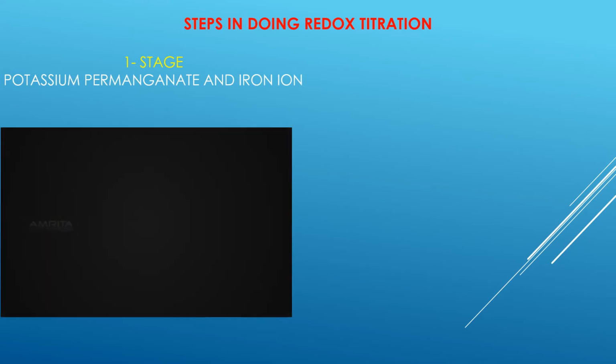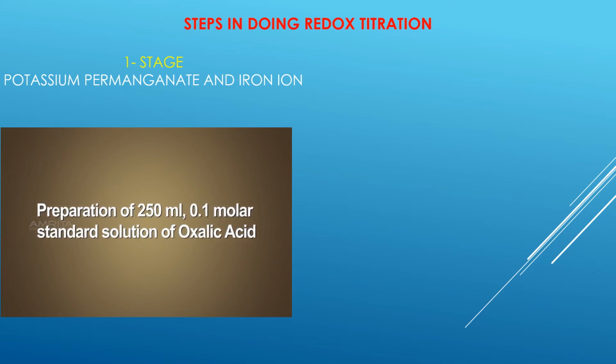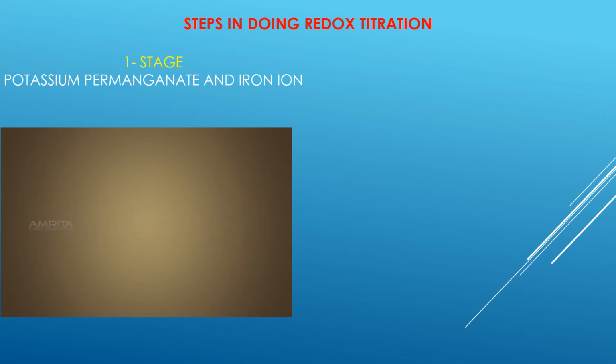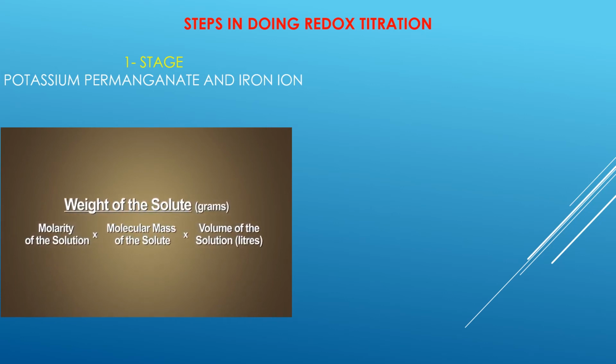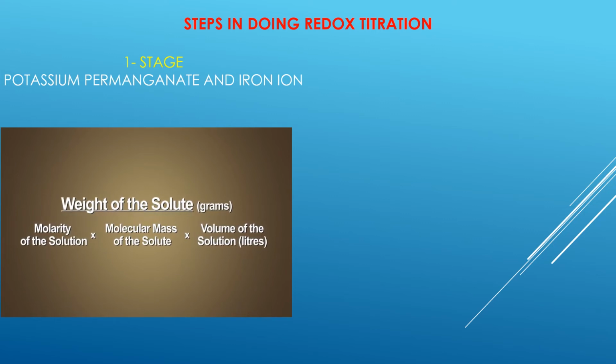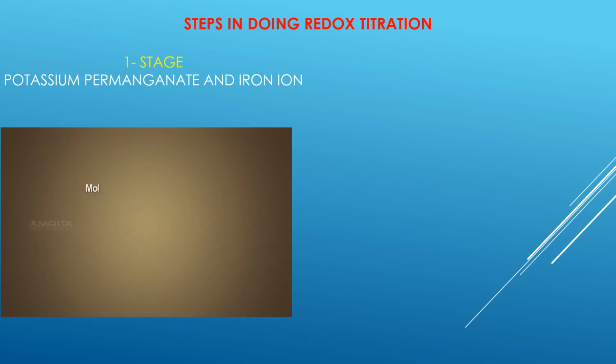Procedure: preparation of 250 ml 0.1 molar standard solution of oxalic acid. The weight of a solute required to prepare a standard solution is equal to the molarity of the solution times the molecular mass of the solute times the volume of the solution in liters. Here, molarity of the solution is 0.1 molar.